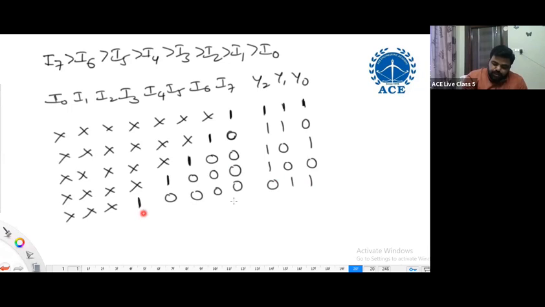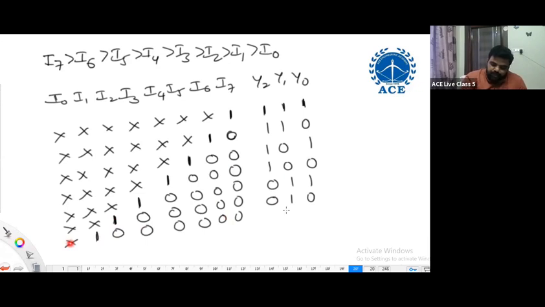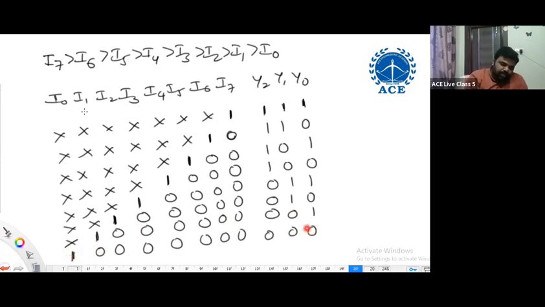When these are zeros, then priority will be given to I2, which is 0, 1, 0. And when these are zeros, then priority will be given to I1, even though there is I0. When all these are zeros, then priority will be given to I0.